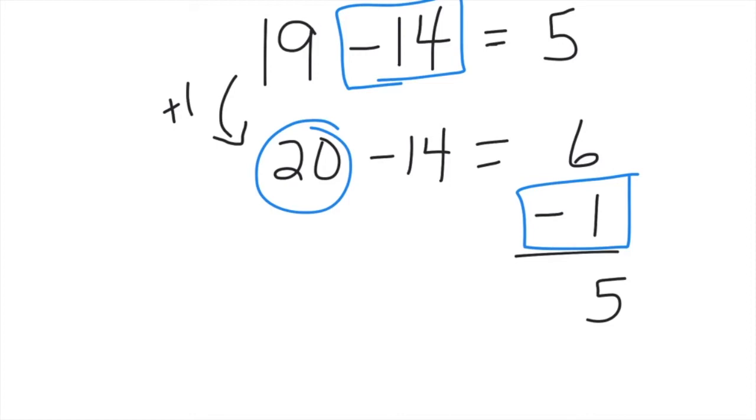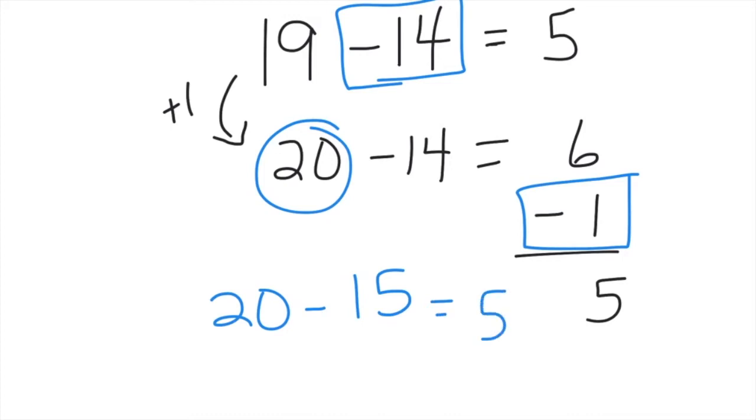So really what we're doing is we're taking 20 minus 15. Okay, so whether we think about it as adding 1 to that minuend and subtracting that original number, subtracting an extra, or simply starting with 20 and subtracting 15 to get 5.